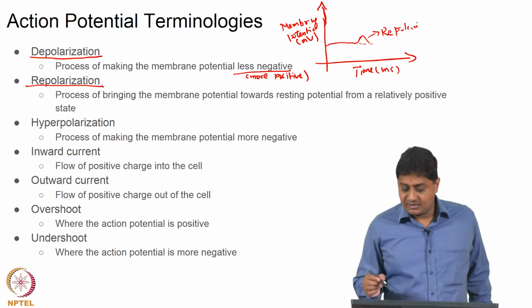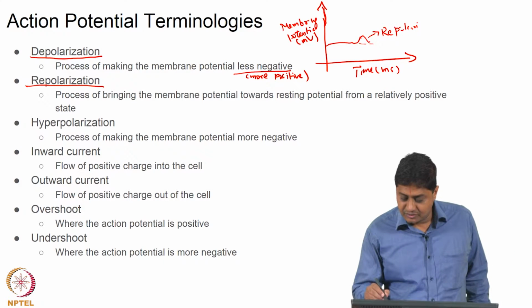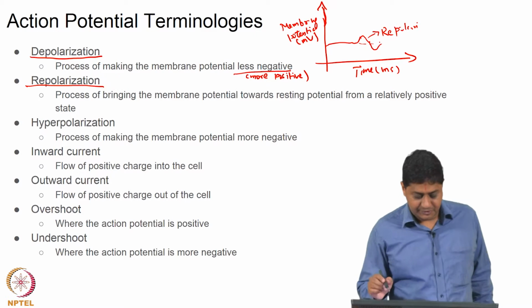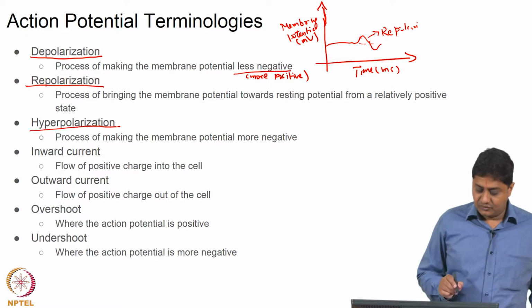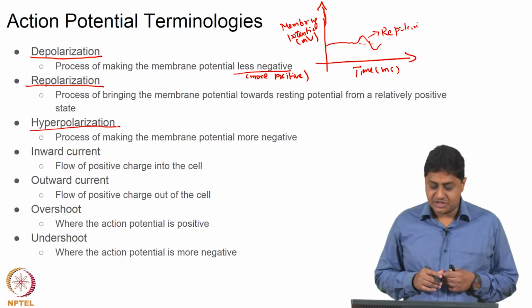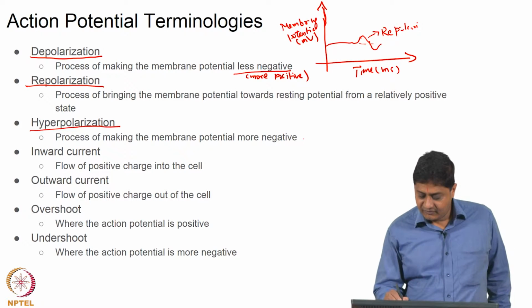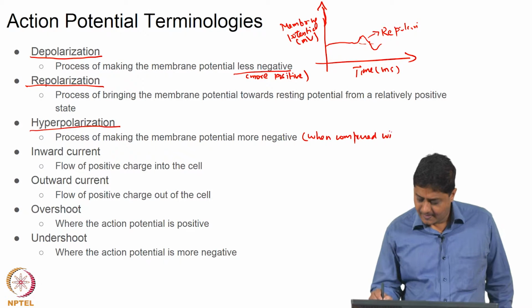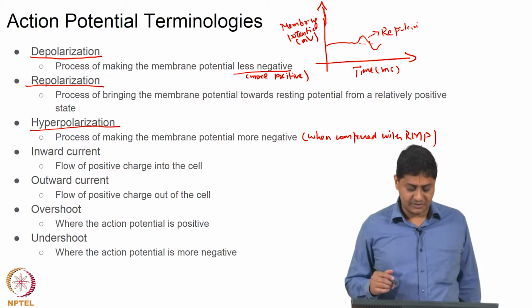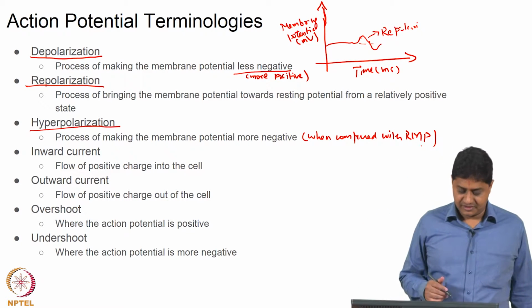If I make the membrane potential go lower than the resting membrane potential, that is called hyperpolarization. This is the process of making the membrane potential more negative in general when compared with the resting membrane potential. So, if I make it more negative than the resting membrane potential, then that is called hyperpolarization.